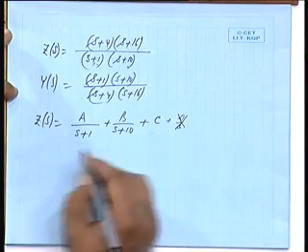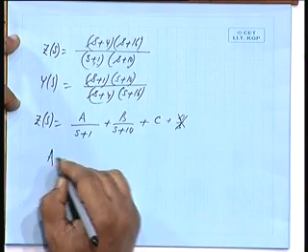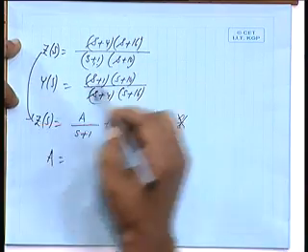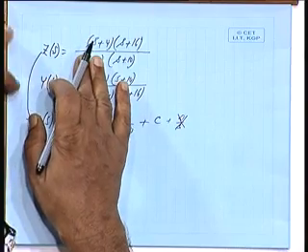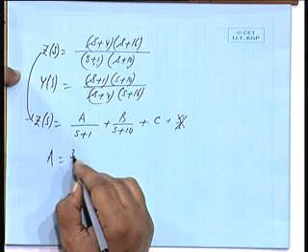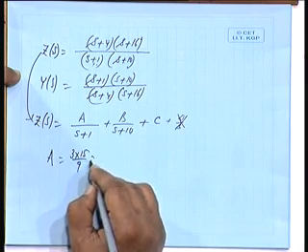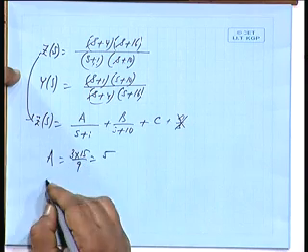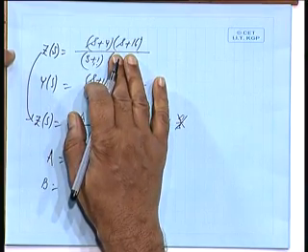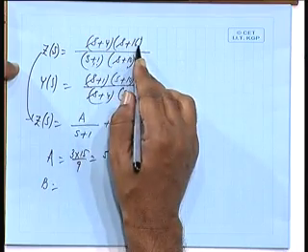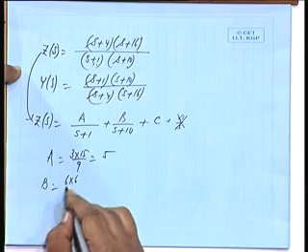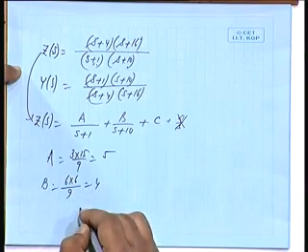So, let us calculate the values of A, B, C. What will be A? Multiply Z(S) by S plus 1, and then make S plus 1 equal to 0, it will be 3 into 15 by 9. That is equal to 5. B similarly, if I multiply by S plus 10, make S plus 10 equal to 0, this will be minus 6 into minus 6 by minus 9, so 4.